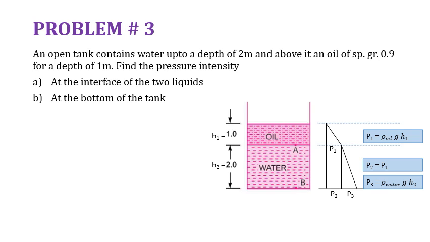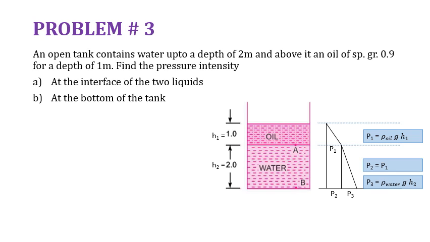As previously discussed, the pressure distribution is of triangular shape. The pressure at the water surface is 0, and it increases linearly with the pressure at the bottom equal to rho gh, where rho is the density of the liquid, h is the height of the liquid.